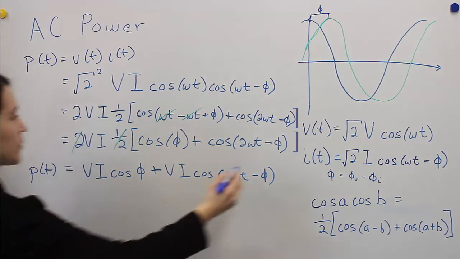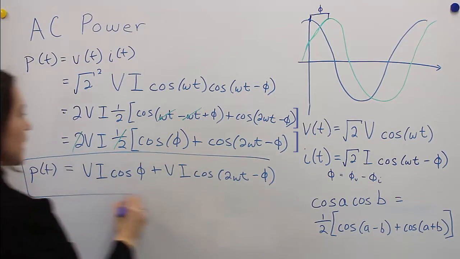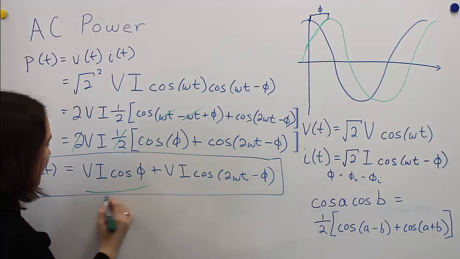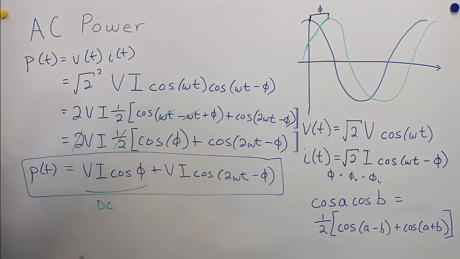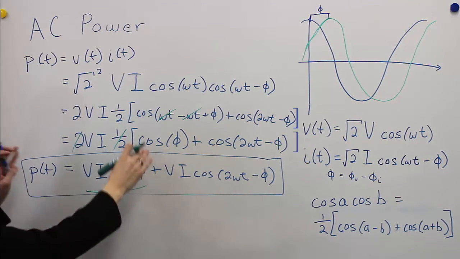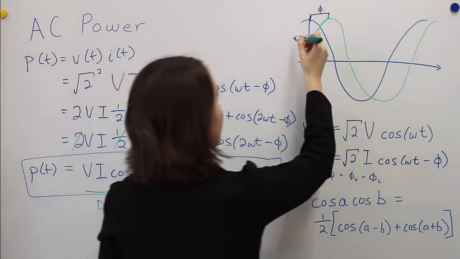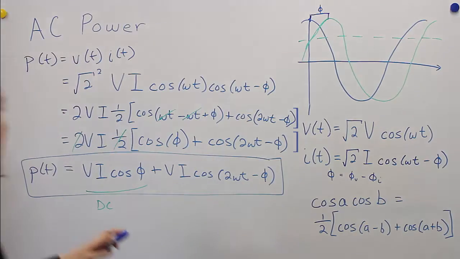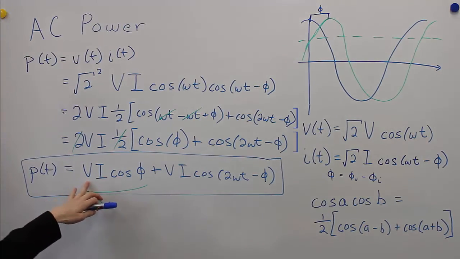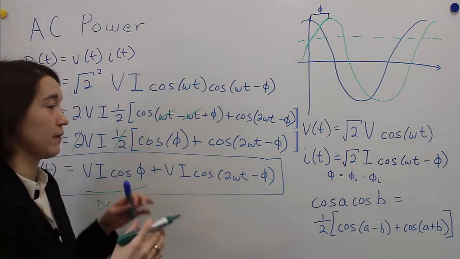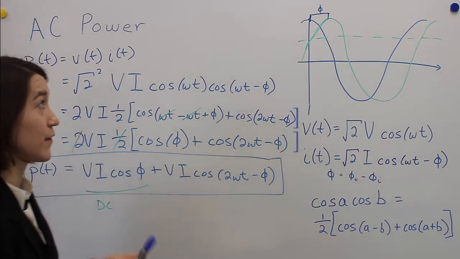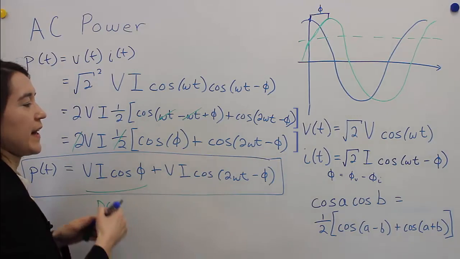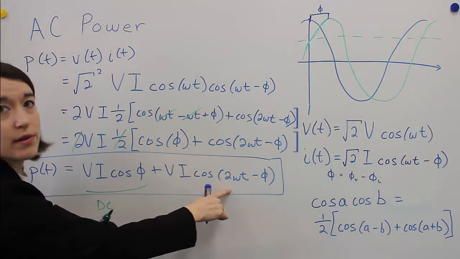This is our expression for our instantaneous power. This is our DC component, some DC offset based on the RMS voltage and current, and the cosine of the phase difference. And then we have some oscillating waveform that is 2 times the frequency here.